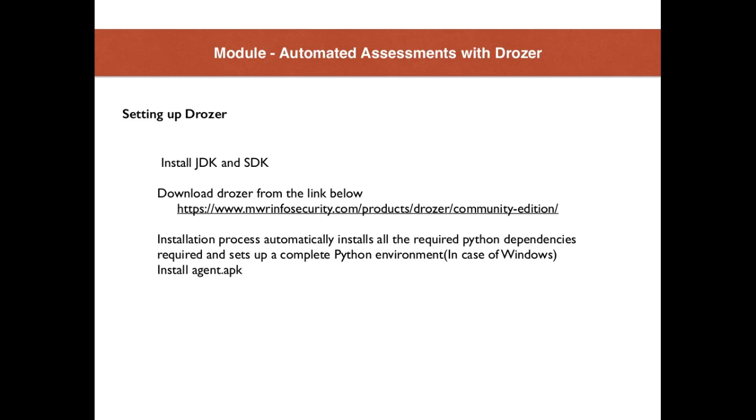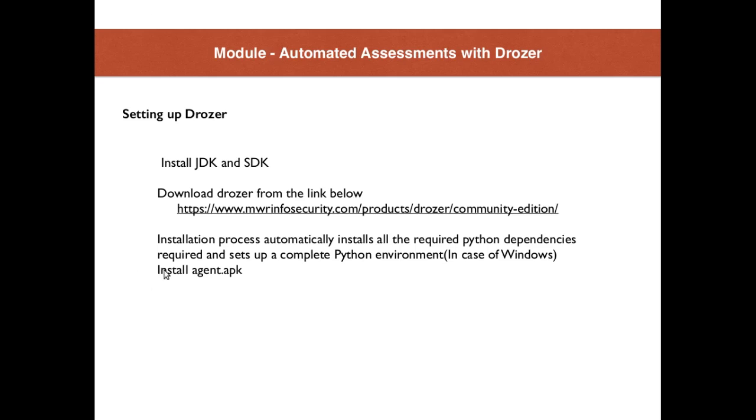It will automatically install everything for you. Once after installing this, you can simply go ahead and launch your Drozer. In case of Linux or Mac systems, you need to install some additional dependencies. Once after setting everything up, you can go ahead and use this Drozer tool in your system.